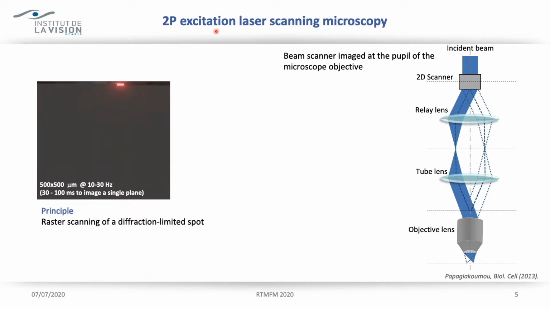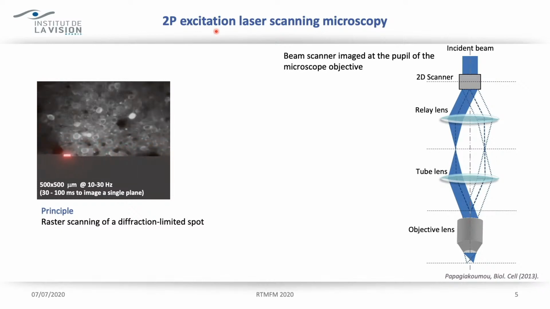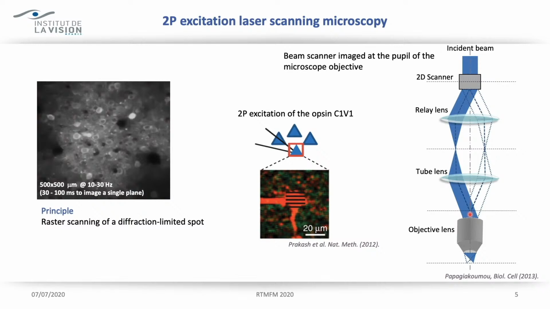The gold standard for imaging in turbid biological tissue is, of course, two-photon excitation laser scanning microscopy by raster scanning of a tightly focused pulsed laser beam using galvanometric mirrors as a 2D scanner imaged at the objective pupil. And this has also been applied to manipulate neuronal activity.